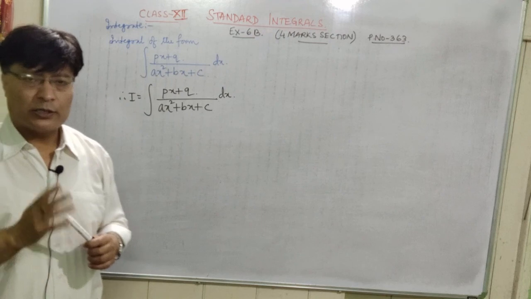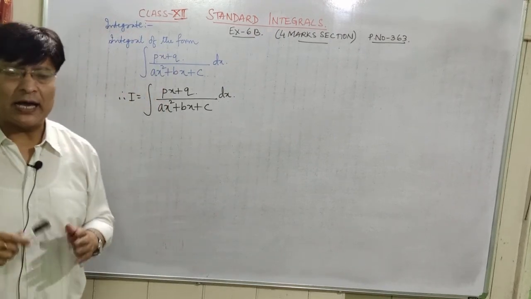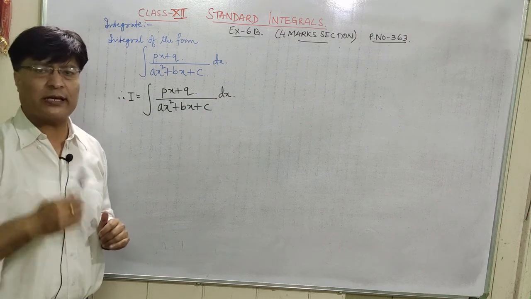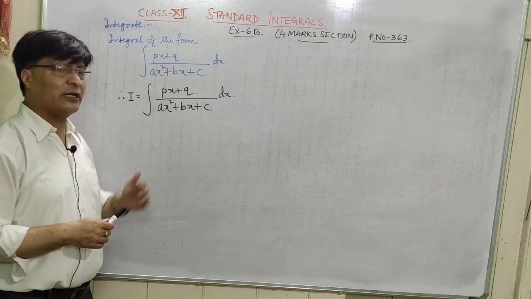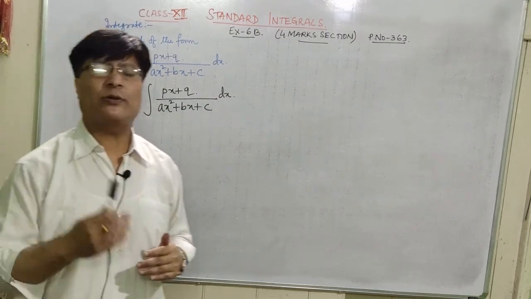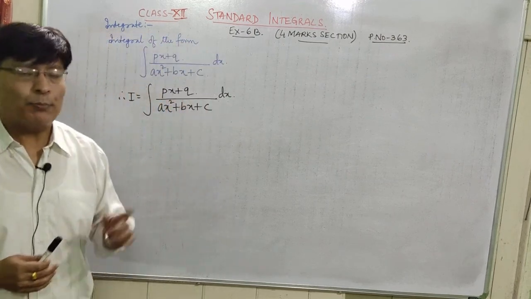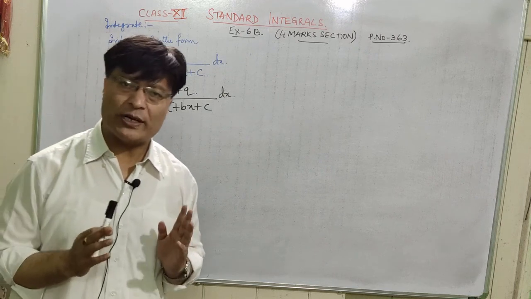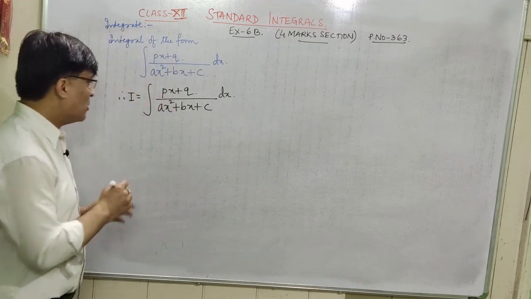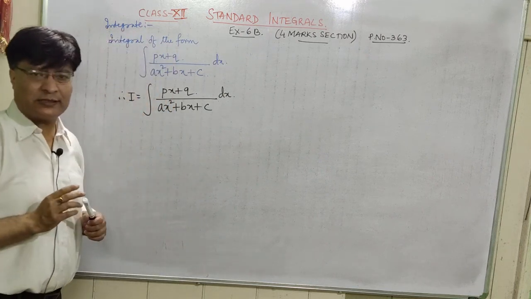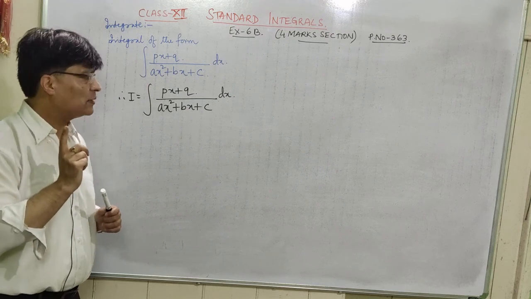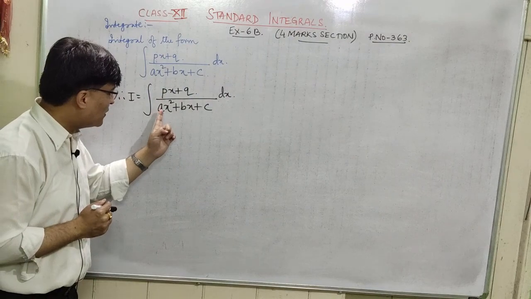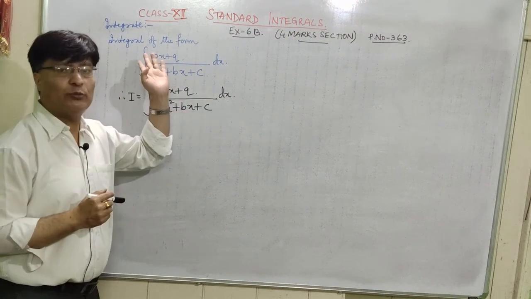In this case the highest power of x in the denominator is 2, the quadratic expression, and in the numerator the highest power of x is 1, the linear expression in x. But the denominator cannot be factorized. So what is the method here? Now listen carefully: you have to write down the differentiation of the denominator in the numerator.